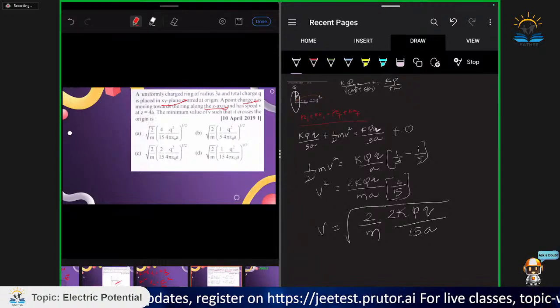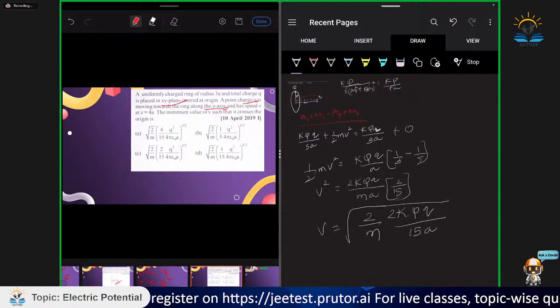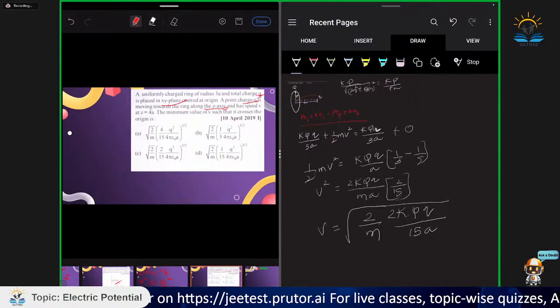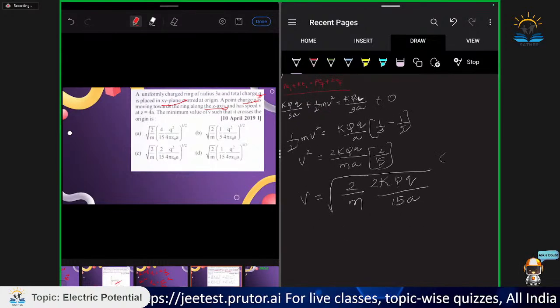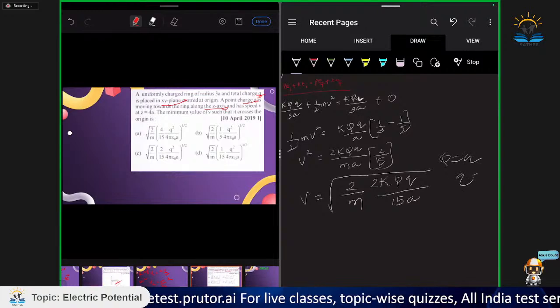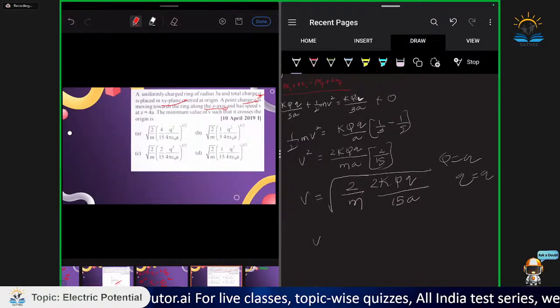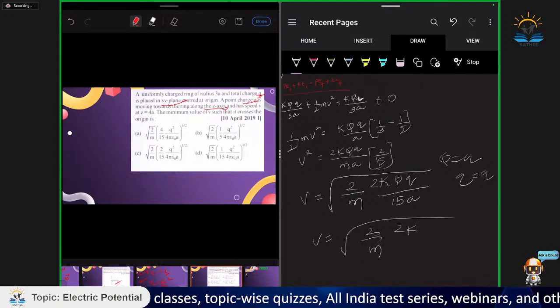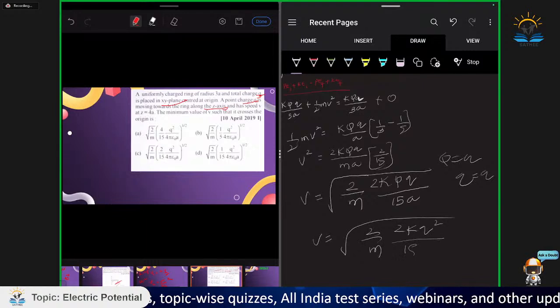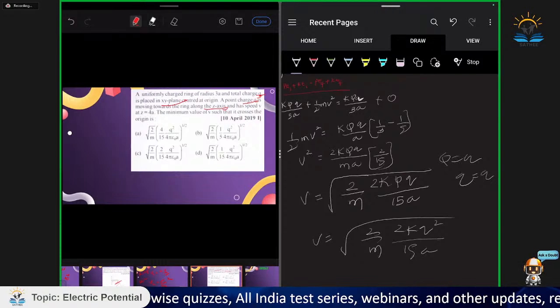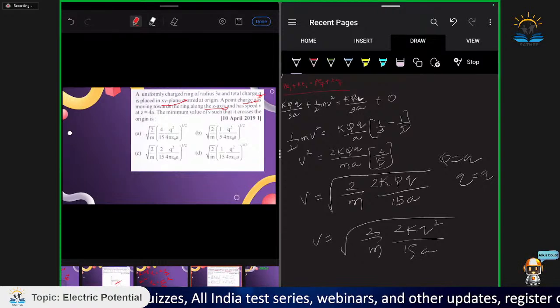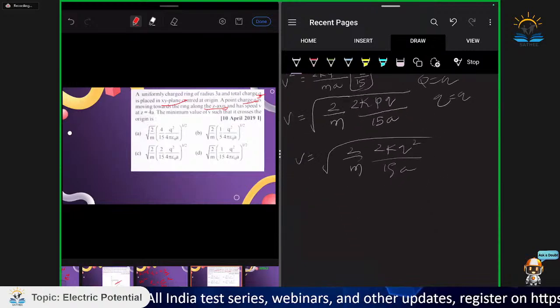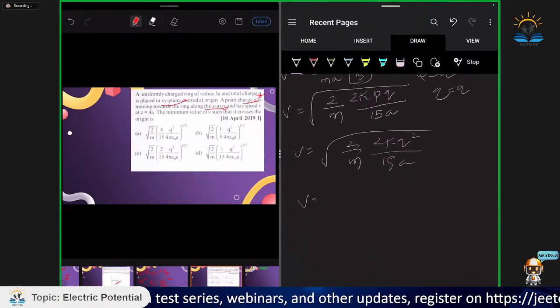Okay, Q square. Both have the same charge, sorry, so Q is equal to q here. Both are Q only. So v is equal to root of 2 by m into 2kQ square upon 15a. You have to put k, and k is 1 by 4 pi epsilon, right?